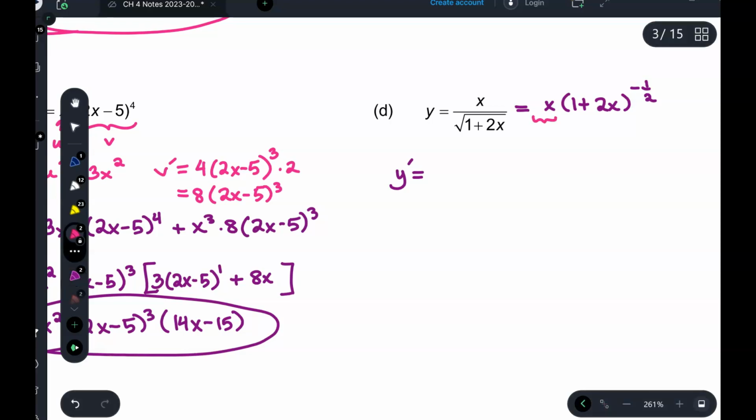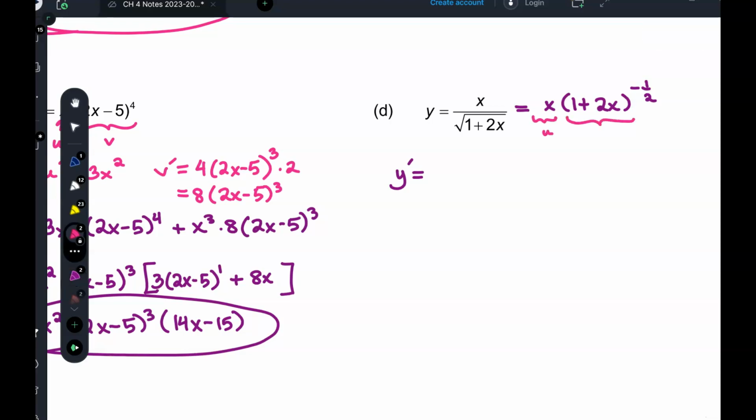All right, so this is our U. This is our V. If you want to figure out what U prime and V prime are ahead of time, go for it. I'm going to try to do this all at once.